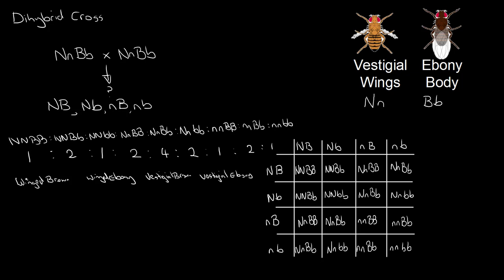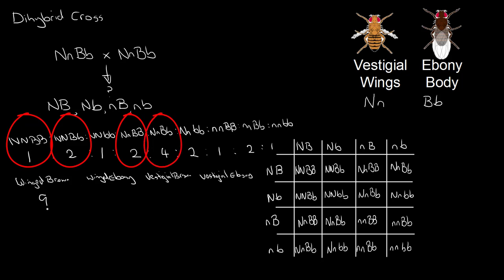So the number that are winged brown, we have those flies which have at least one dominant wing and one dominant body colour. And we have 1 plus 2 is 3, plus 2 is 5, plus 4 is 9.